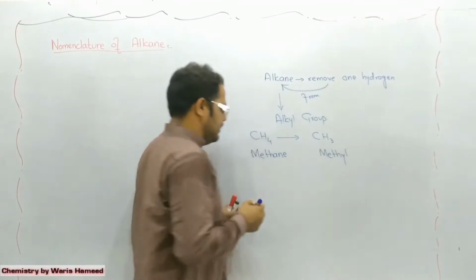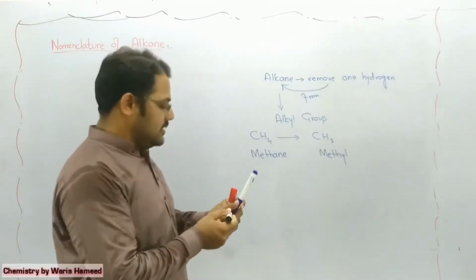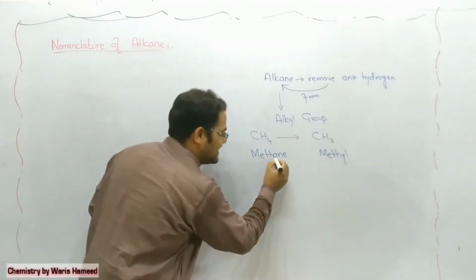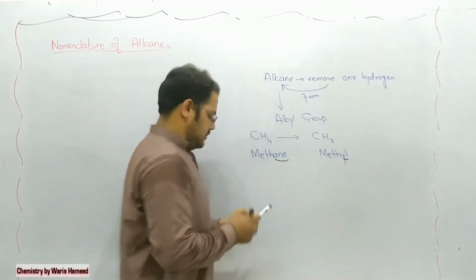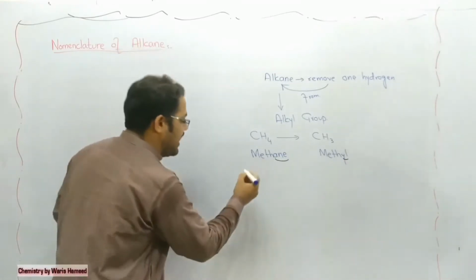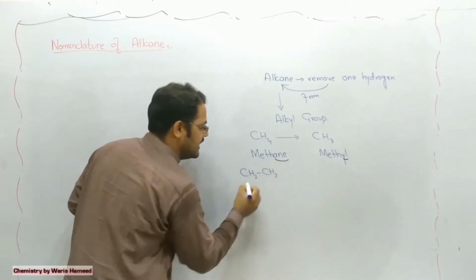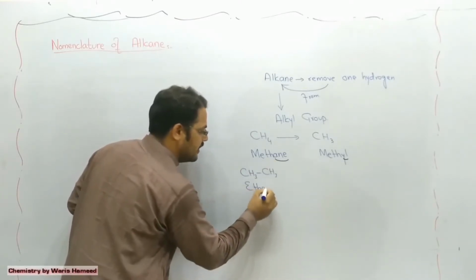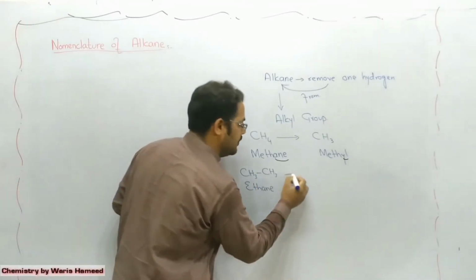Just keep in mind, when we form any alkyl group, we just replace A and E of alkane with YL. Another example, if we have ethane, CH3 single bond CH3, and I am going to remove one hydrogen from this CH3 group.